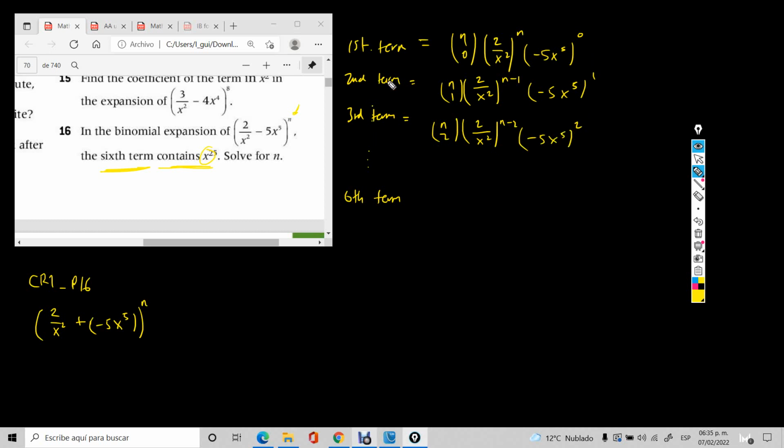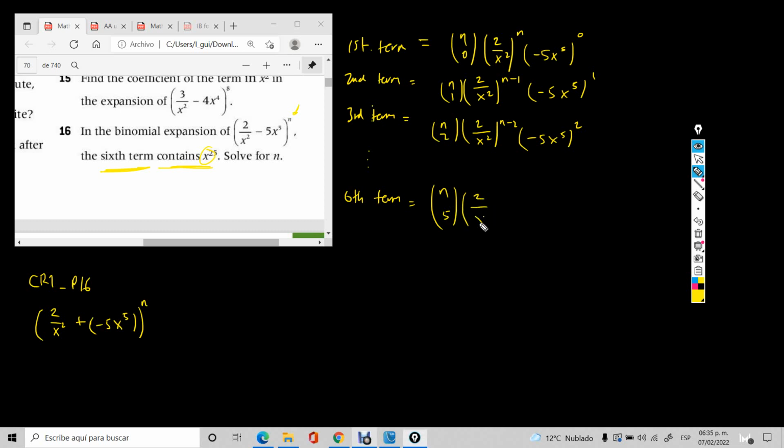Okay, so by now you should see the pattern. You see, n choose 0, n choose 1, n choose 2. What should be right here? It should be 5, right? Because if you notice, this number is always 1 less than the number of the term. It's pretty simple to spot the pattern.